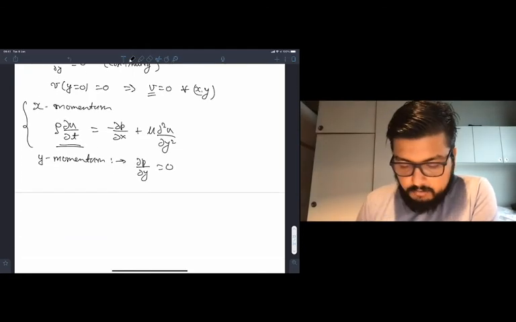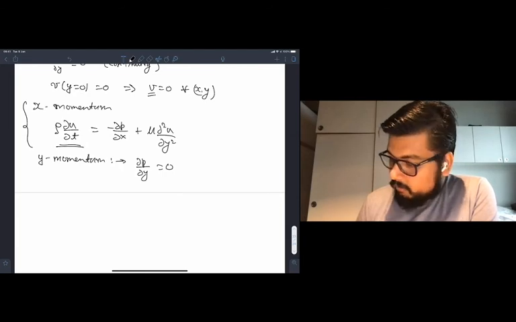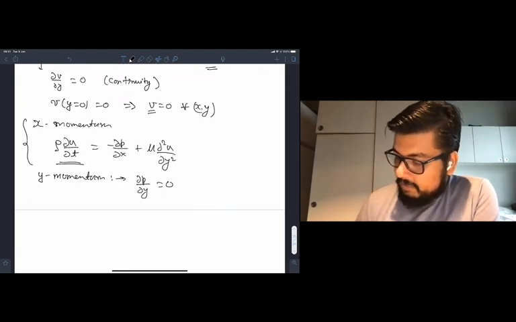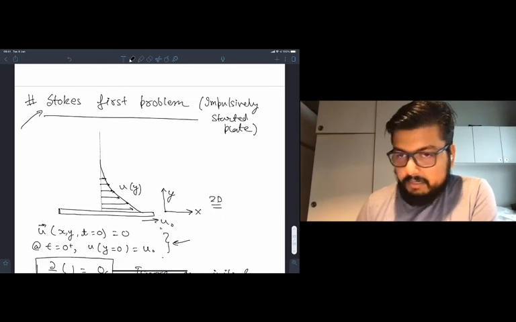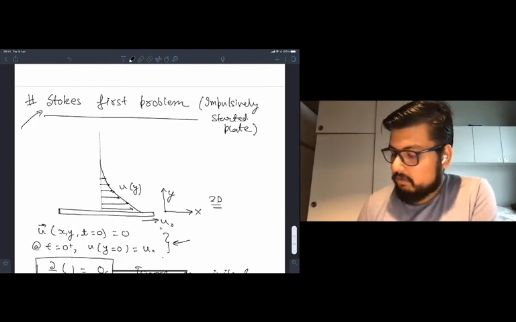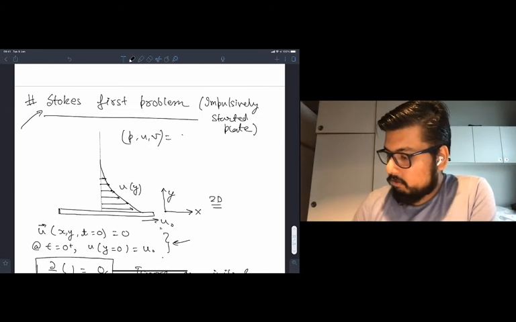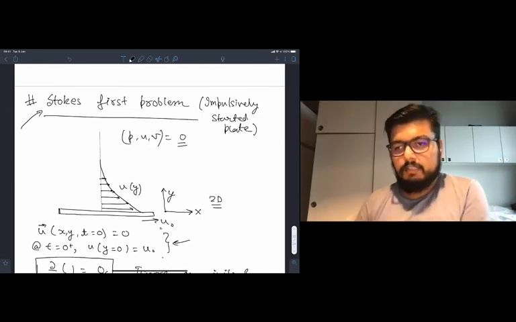Now, something that you might notice here is that this is an open container, so it's not closed. So the pressure, velocity, all quantities far from the plate are always going to be 0, since this is an open container.